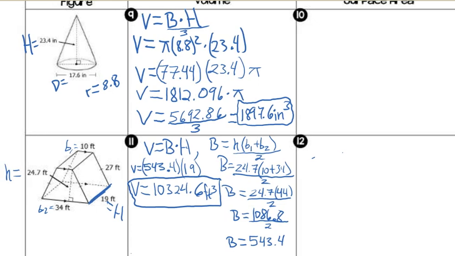Little h is going to be 24.7, as it is here. B1 is usually the smallest of the bases. The bases here, B1 is from here, and then here B2. If you remember, this base is the same as this base, so this is also 10 feet. Now B2 is 34. So 10 plus 34 is 44.